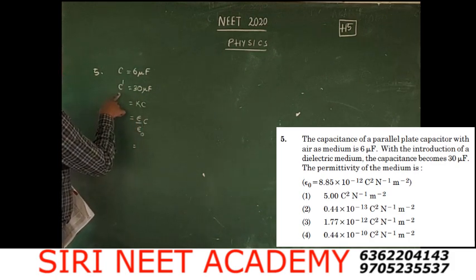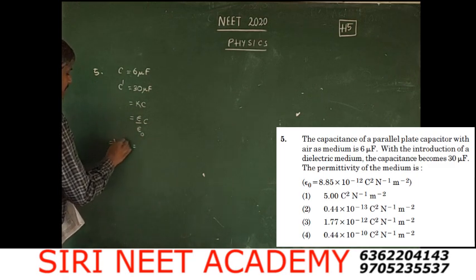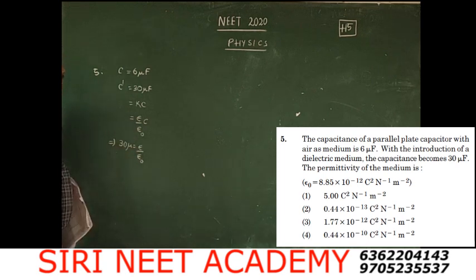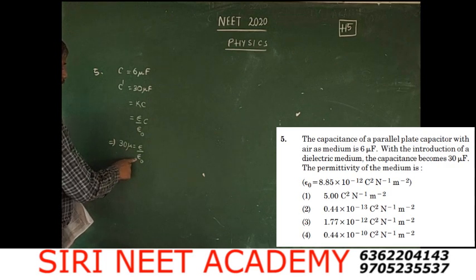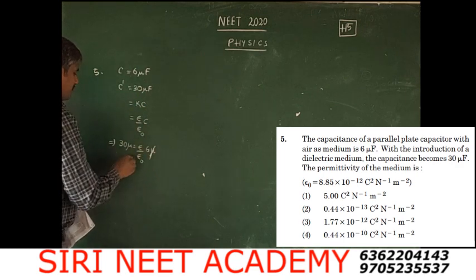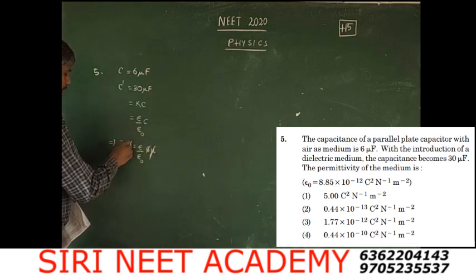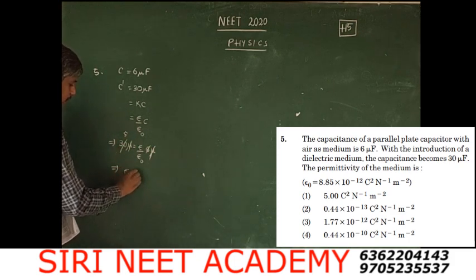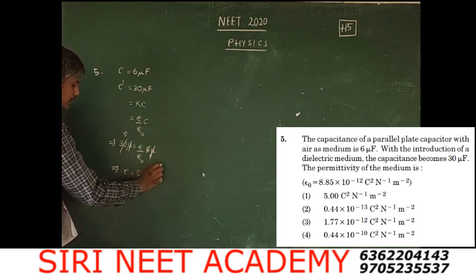So 30 microfarad is equal to epsilon by epsilon naught into C, which is 6 microfarad. 6 microfarad gets cancelled with 6. So epsilon is equal to 5 epsilon naught.